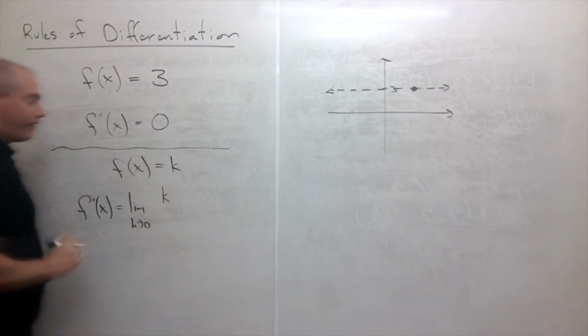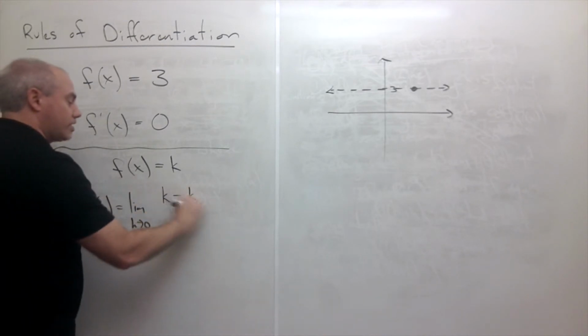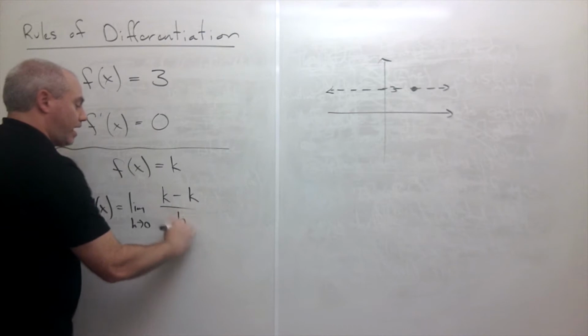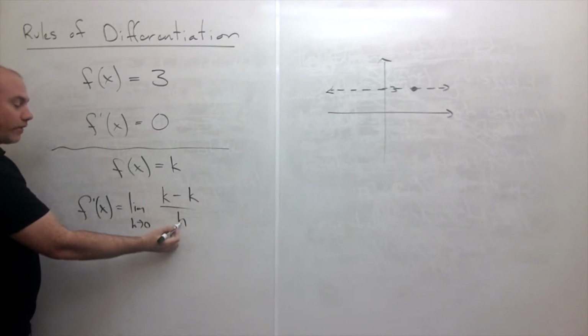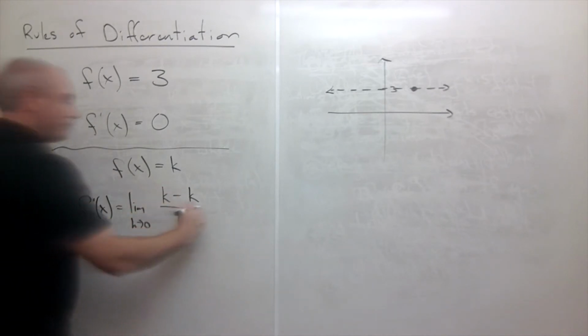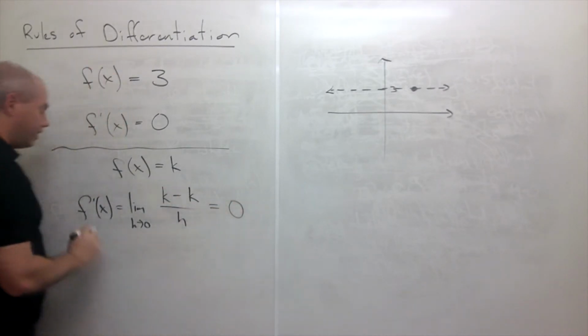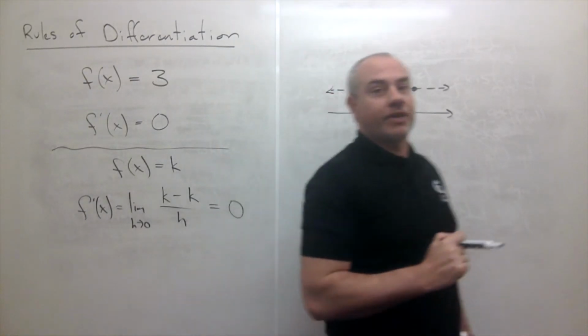So this is f of x plus h, which is k, minus f of x, which is k, over h. But k minus k is 0, so we have 0 over h. h is not 0, so this is just 0.